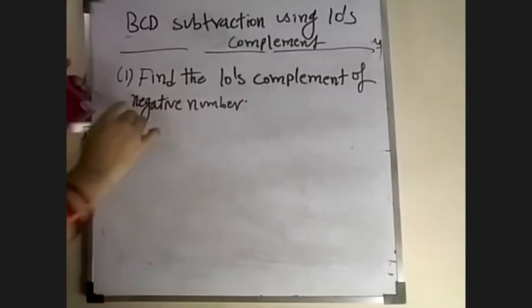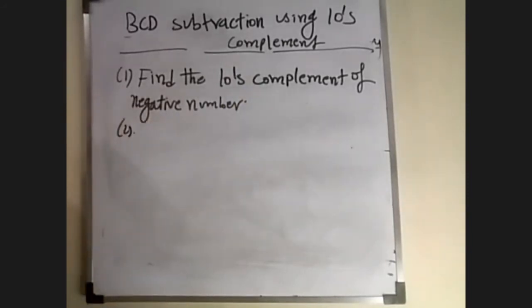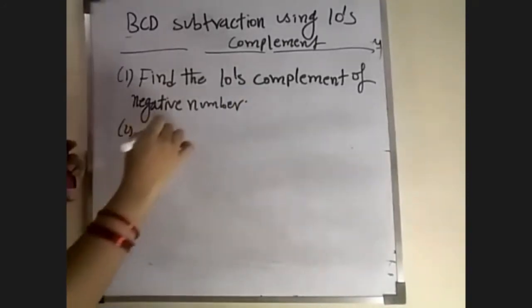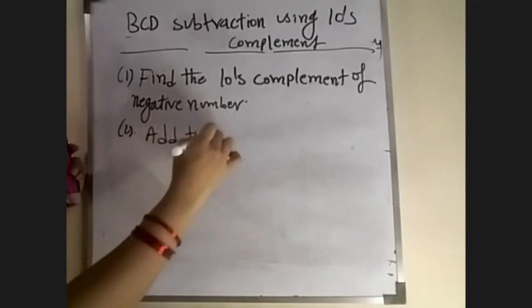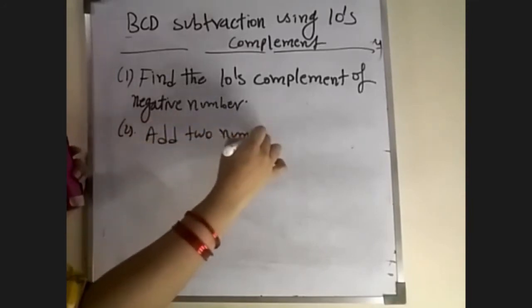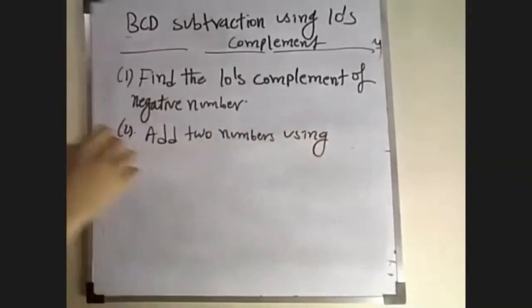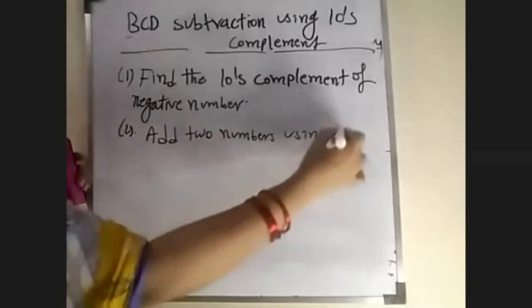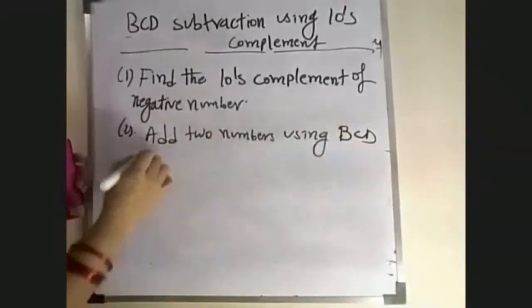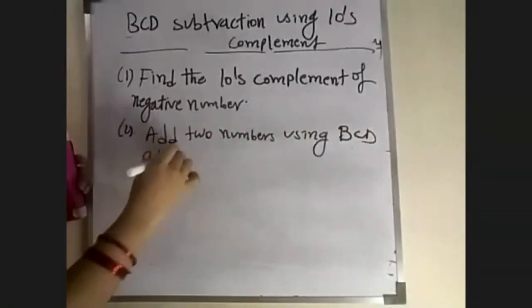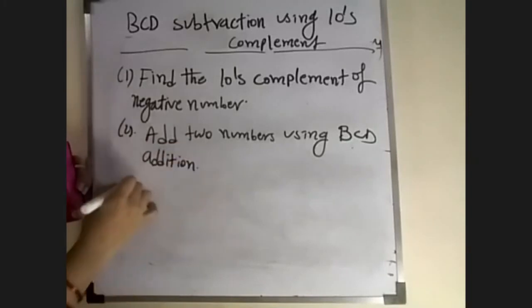Then the second step, add two numbers using BCD addition. This is the second step.